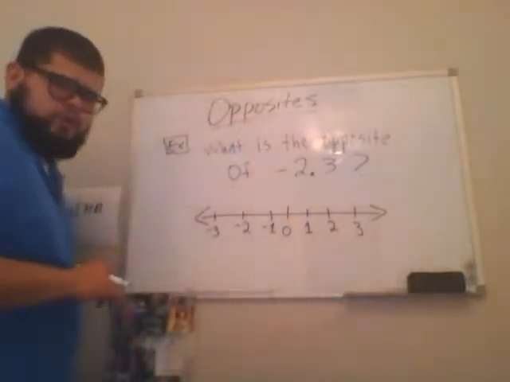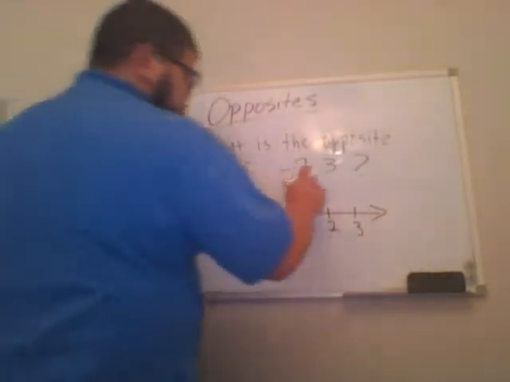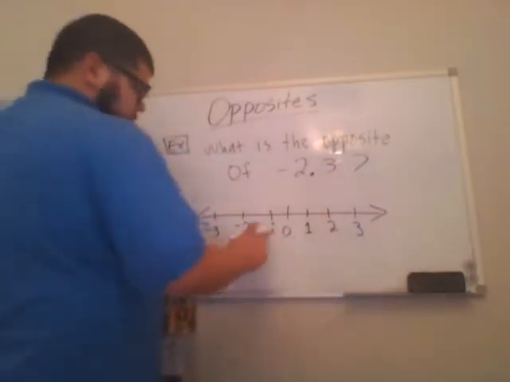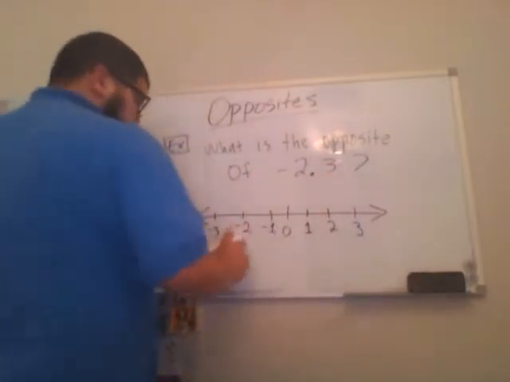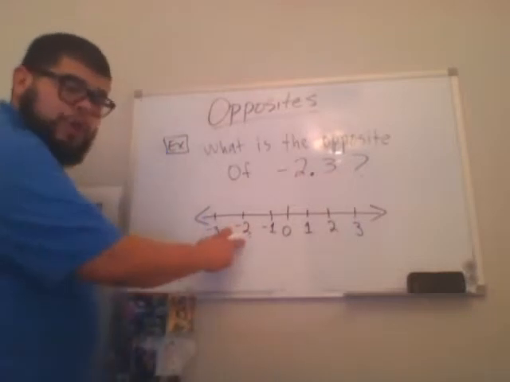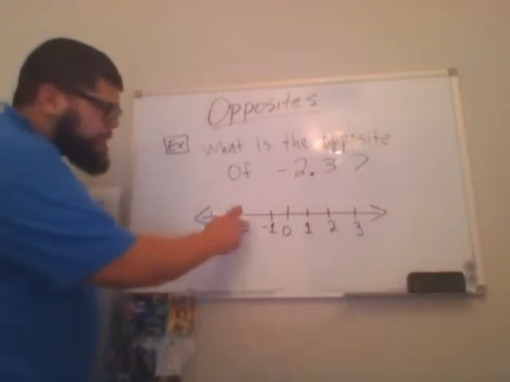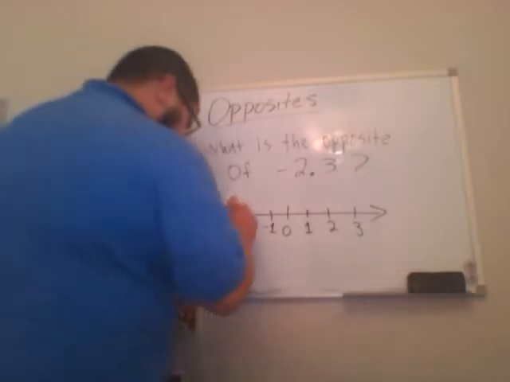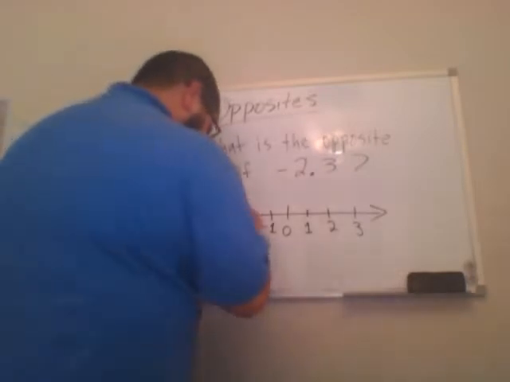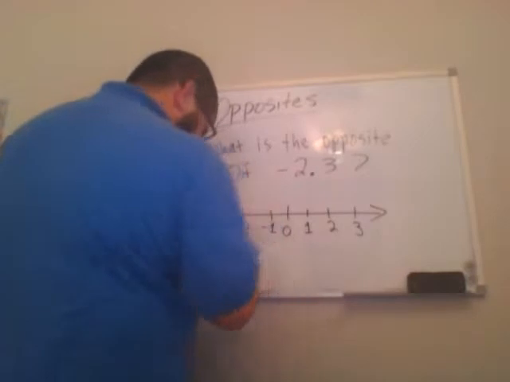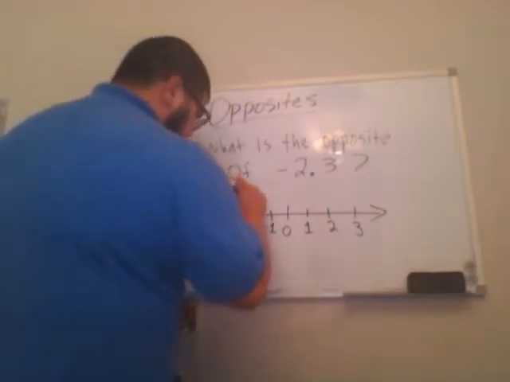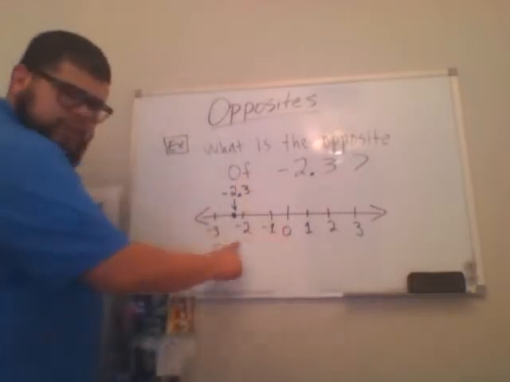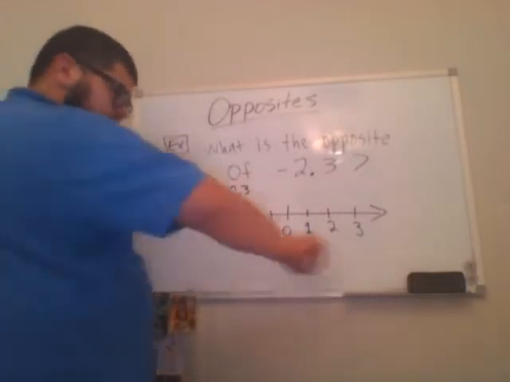Okay, and so we want to plot negative 2.3, so we're going to go 0. We're going to count to negative 2 first. 0, negative 1, negative 2, and so negative 2.3 will be a little bit more to the left of negative 2, so about right here. This point right here will be negative 2.3. Okay, and so the amount that we counted to the left, we also have to start at 0 and count that to the right.